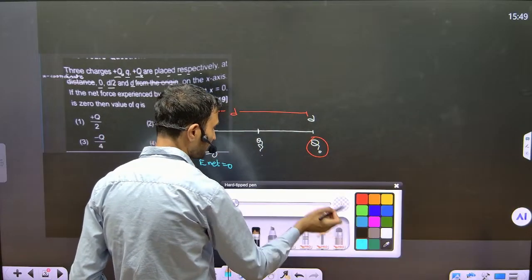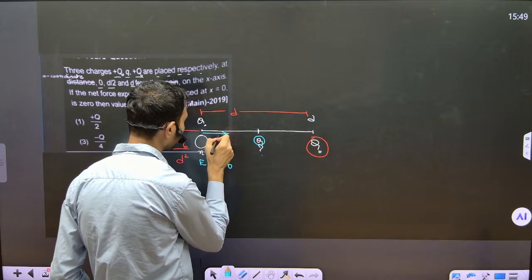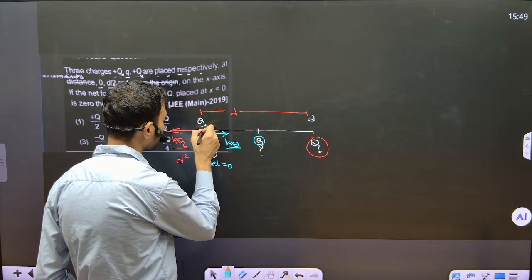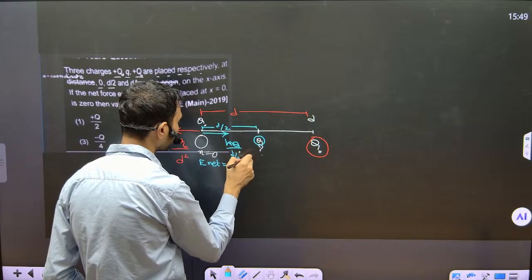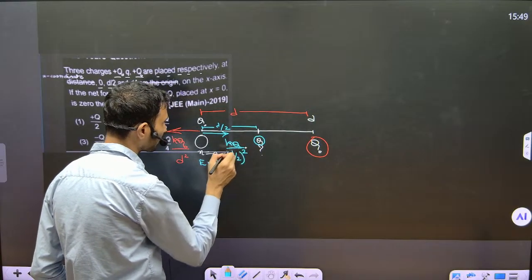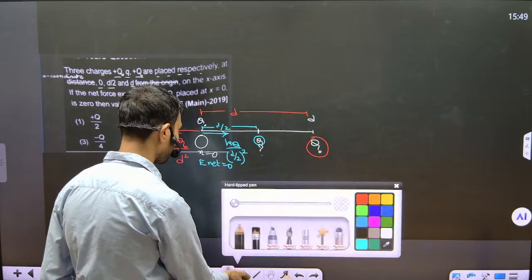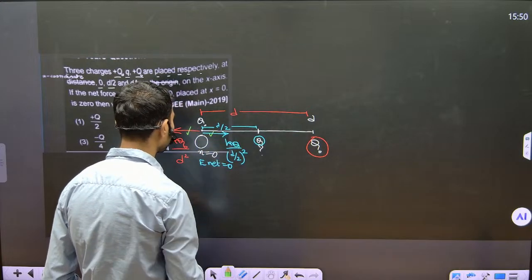And similarly, this charge has to send electric field in this direction to cancel it, and it will be how much? kq by distance square, d by 2 also, right? And both need to cancel each other. Cancel means this and this should cancel each other.